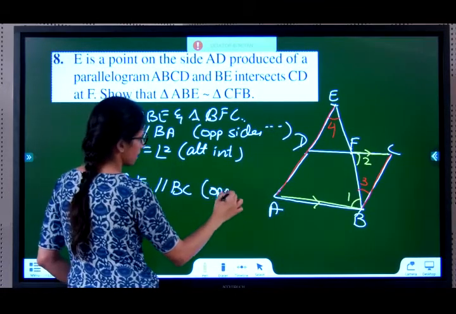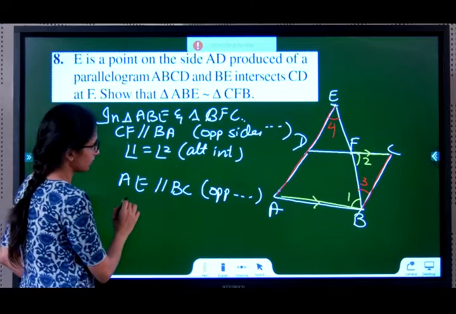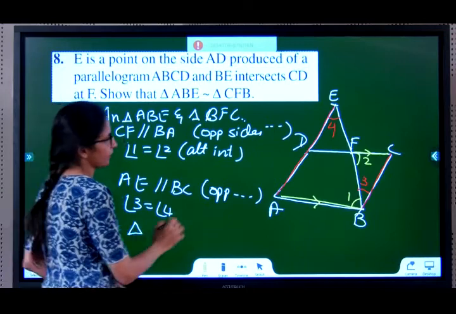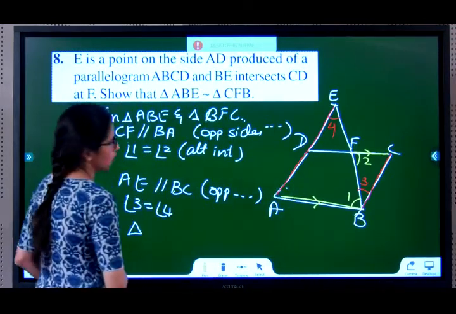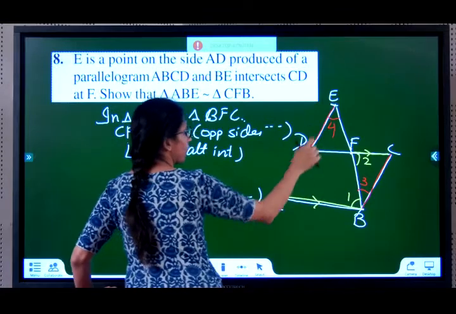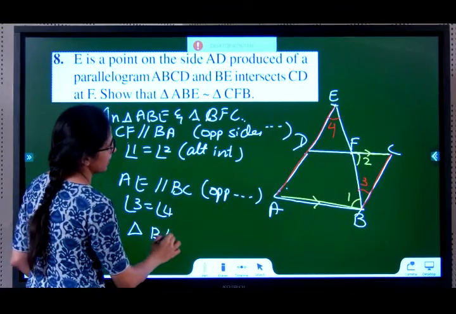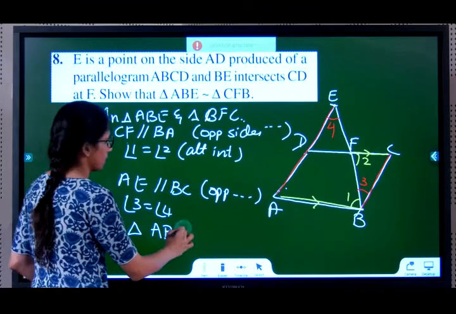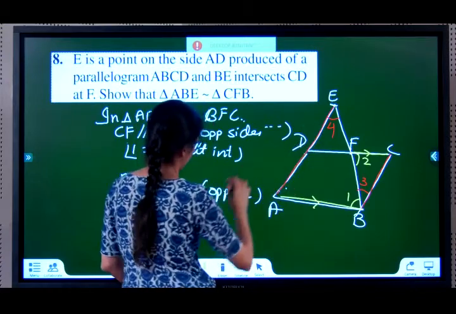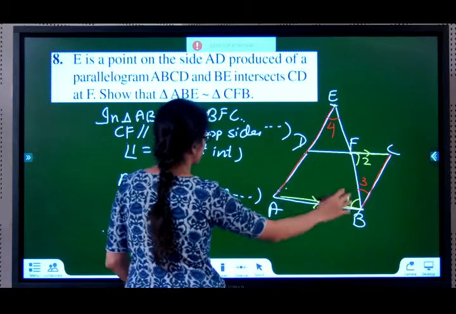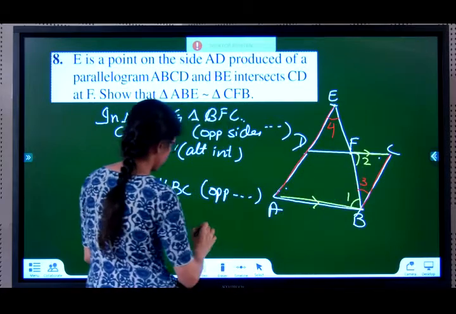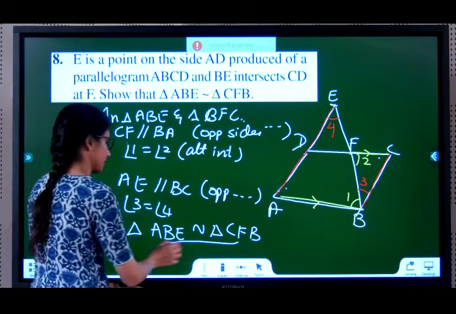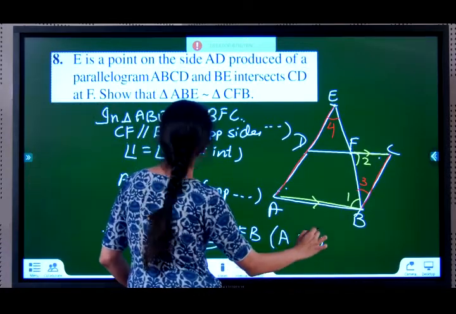So I can now say angle 3 equals angle 4. Therefore, triangle ABE is similar to triangle CFB. Is that what they want? Yes. Criteria, AA similarity criteria.